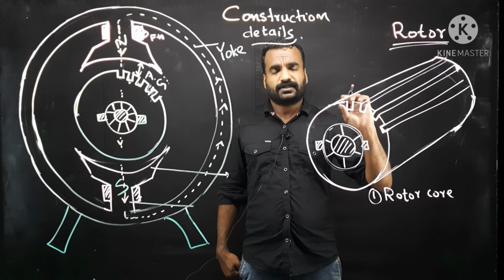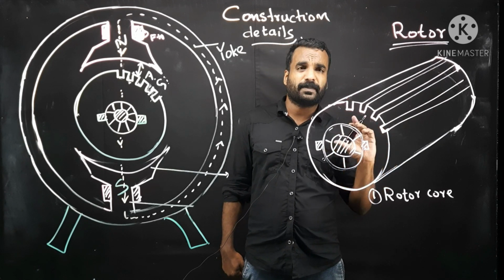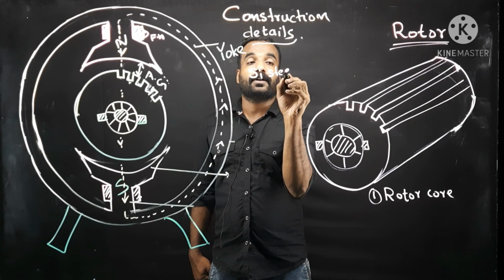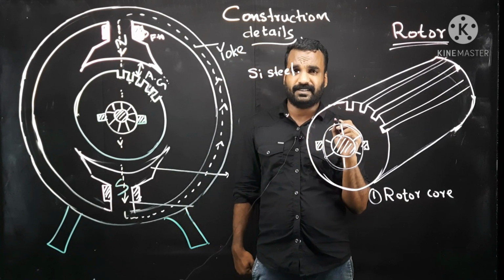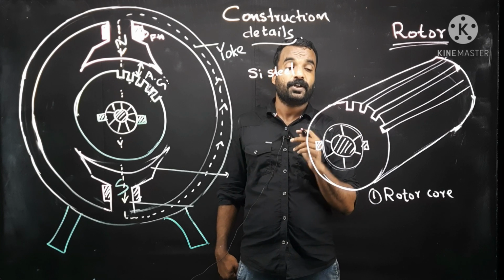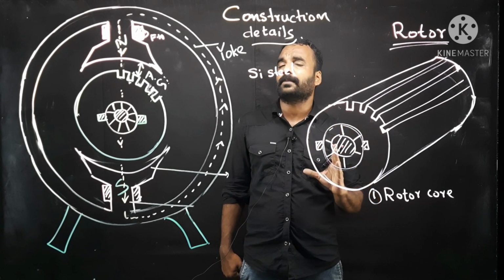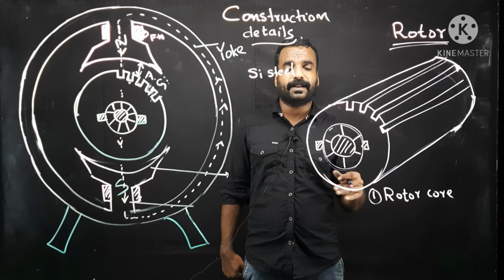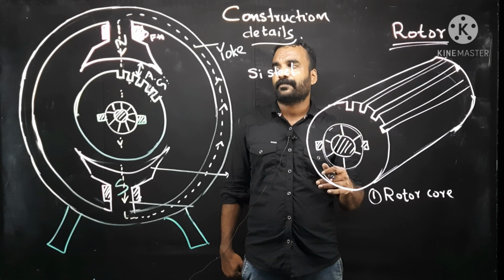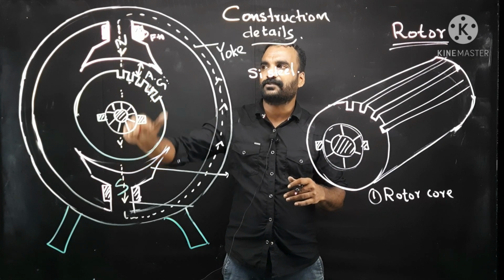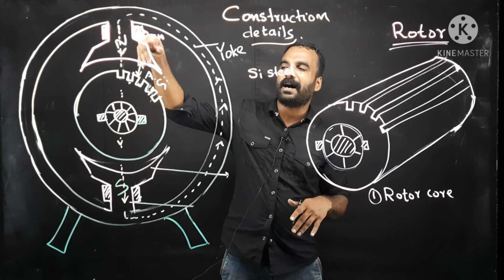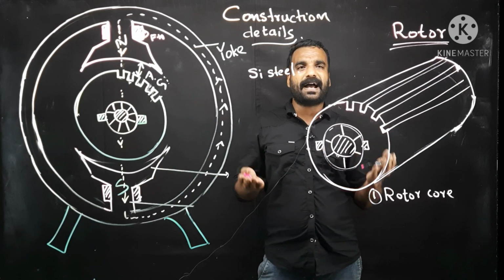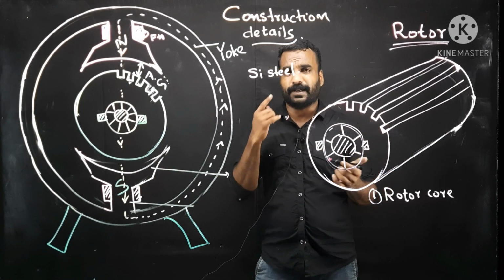First point, the rotor core is made with silicon steel. We are not mentioning cast steel. Silicon steel is needed because it should be a very good magnetic material and it should be less affected by eddy current loss, because the entire flux from north to south has to pass through this core. If it is a bad magnetic material, flux cannot easily pass.